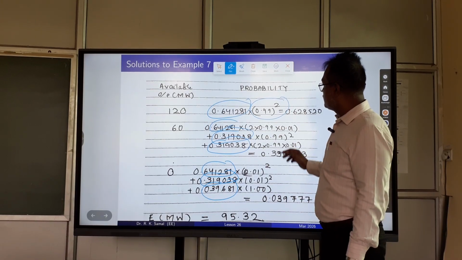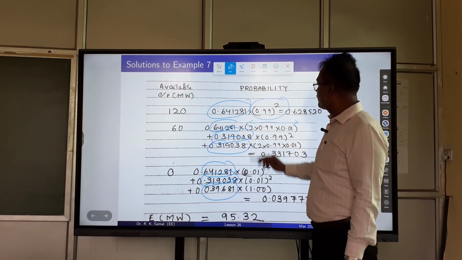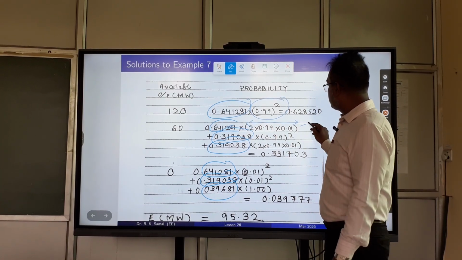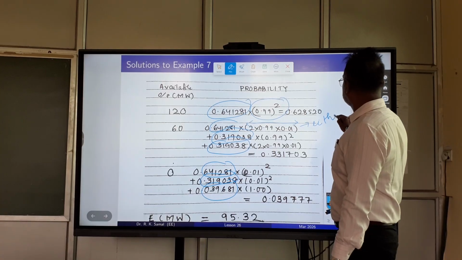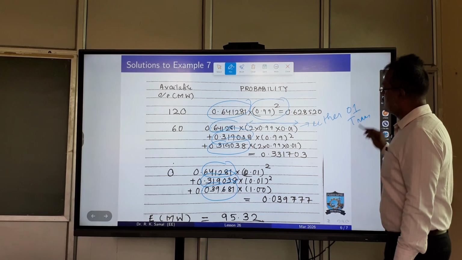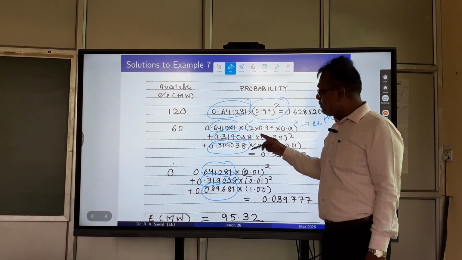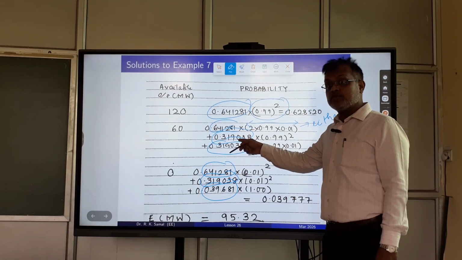For 60 megawatt, either one of the transformers should be available here. First case is either one transformer. Second case is both transformers available but one generator. 60 megawatt is the output of the system.